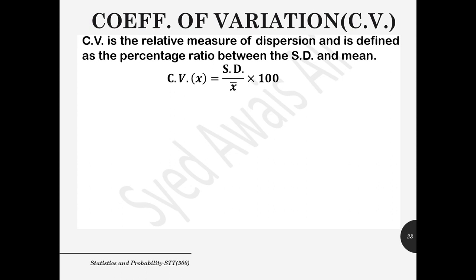So what is coefficient of variation? It is a relative measure of dispersion, and we take the percentage ratio between the standard deviation and the mean. Formula is S.D., standard deviation, divided by x bar, arithmetic mean, into 100.